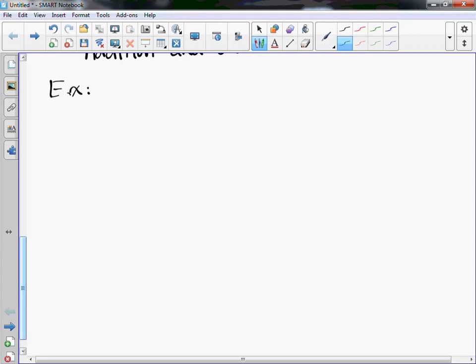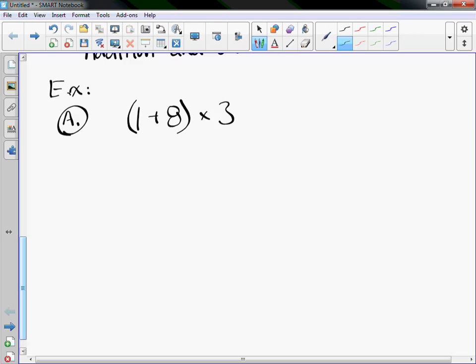So examples, first example. We have 1 plus 8 in parentheses times 3. As we said, grouping symbols go first, so we have our parentheses here. We're going to evaluate inside of those parentheses first, because that's a grouping symbol.